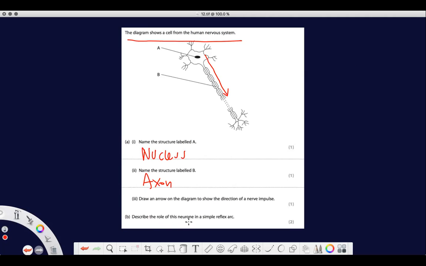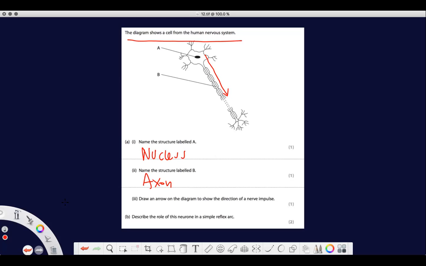Describe the role of this neuron in a simple reflex arc. Okay, again we should identify what is the type of neuron.